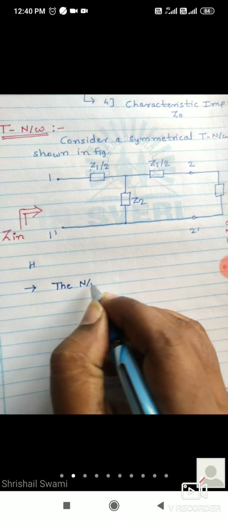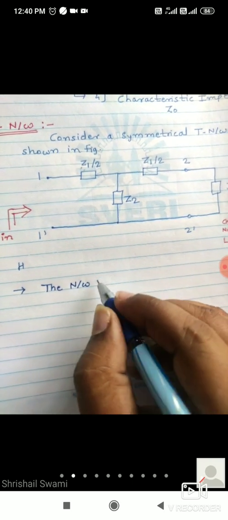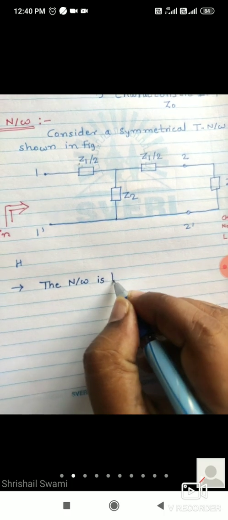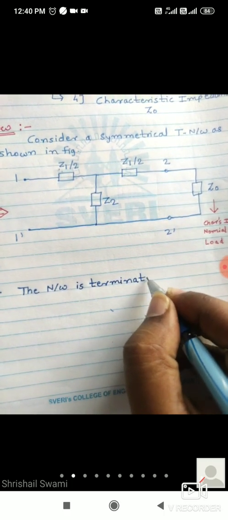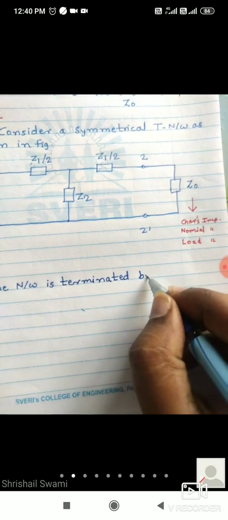The network is terminated by an impedance Z0.